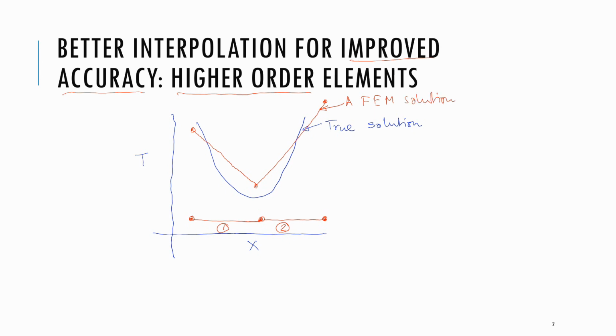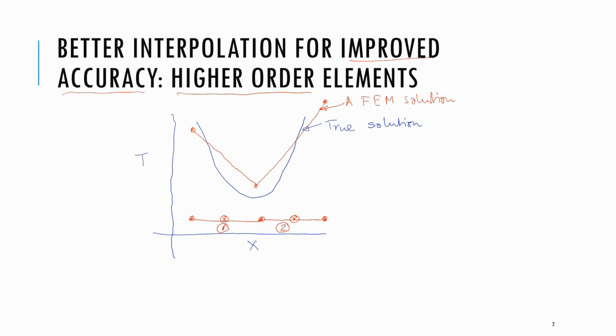Okay, so now suppose I add more nodes to this element. So it will still be two elements, but each element will now have an extra node, let's say in the middle.